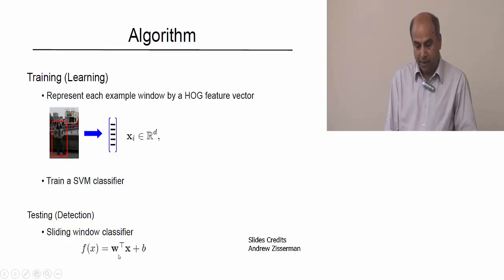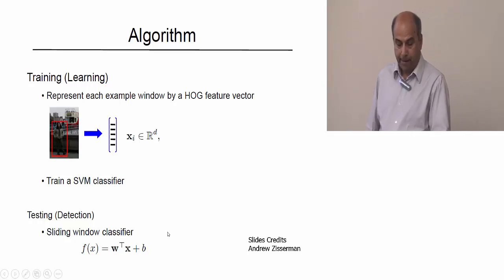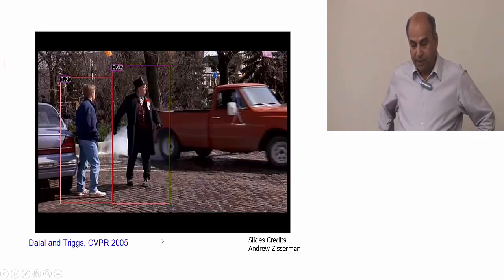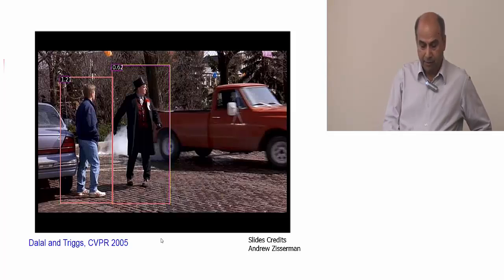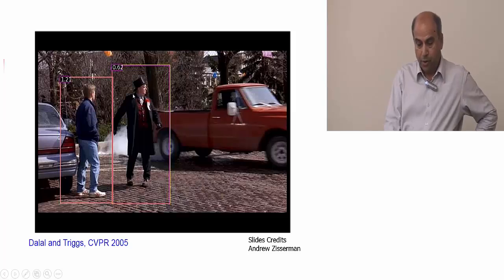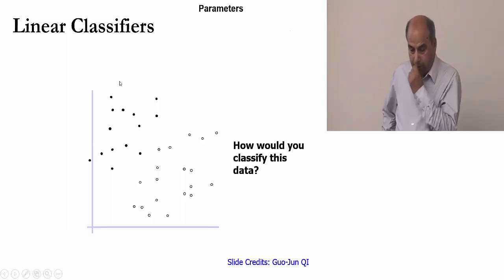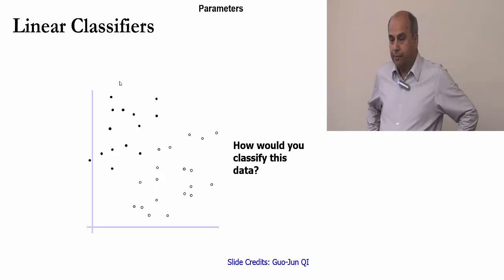W is a vector, X is the feature vector, and b is a scalar. Once it's learned, then we can classify, and we can say in this window there's a human, in this window there's a human, and these are the confidences. So this is the classifier we learned, a linear classifier.